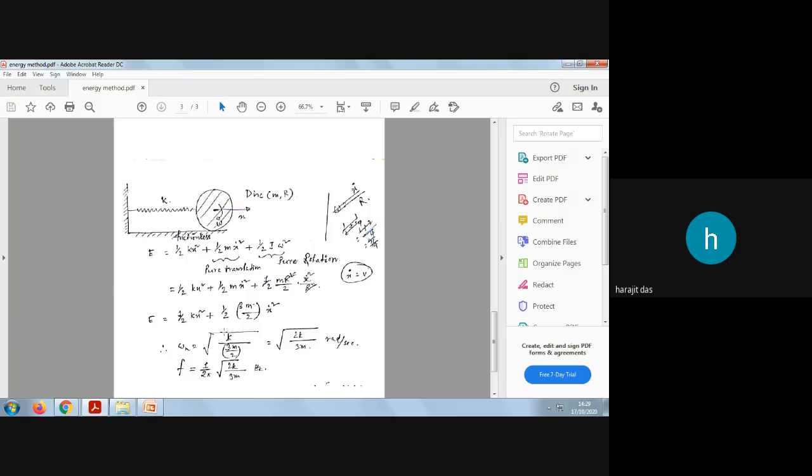This is not that tough. You only need to find out the kinetic energy and the potential energy. There will be two types of potential energy, because one spring is also attached. You need to find the potential energy and the kinetic energy for the whole system.